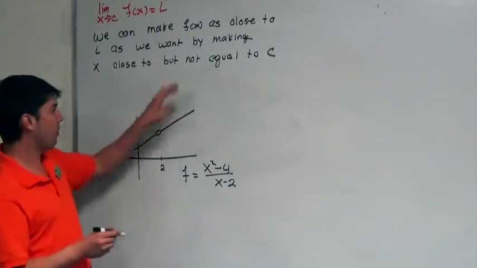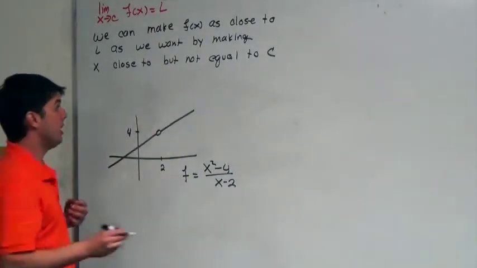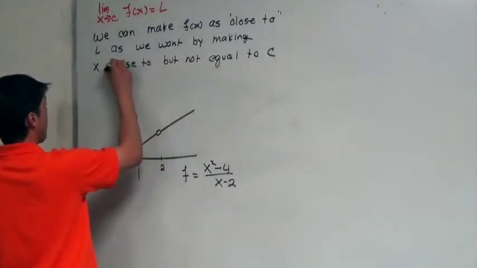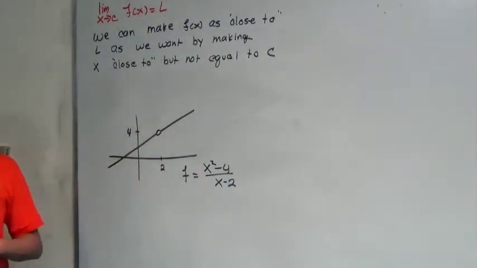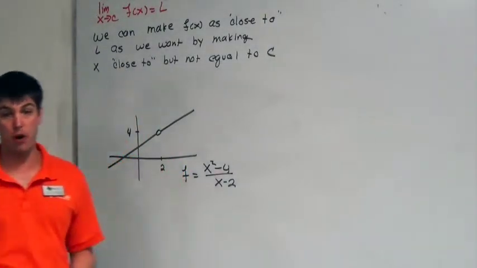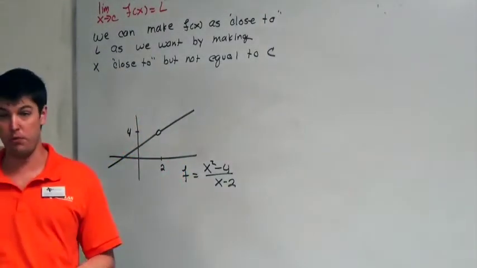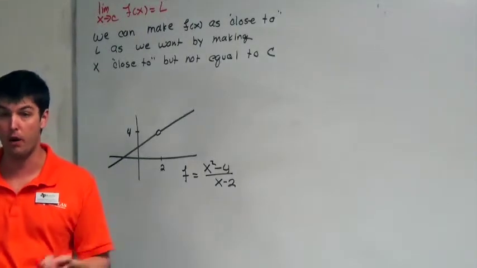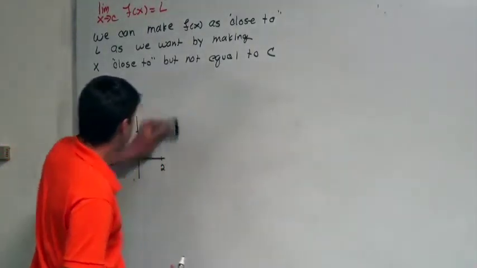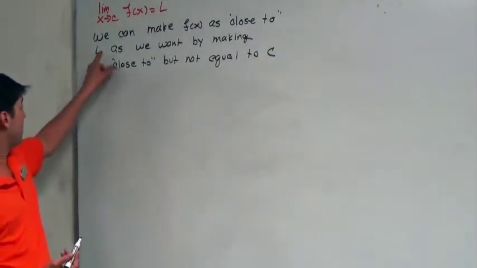Okay. The problem with this definition in English is this phrase, close to. It really has no mathematical meaning. If you're an astrophysicist, you may say two stars are close to each other if they're light years apart. If you're a particle physicist, close to might be nanometers or microns apart. So we have to quantify how close f of x is to L and how close x is to c. How close is f of x to L? We use the Greek letter epsilon.